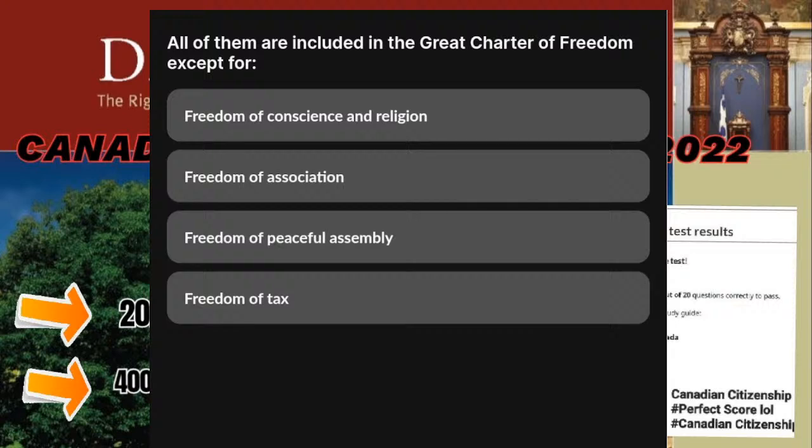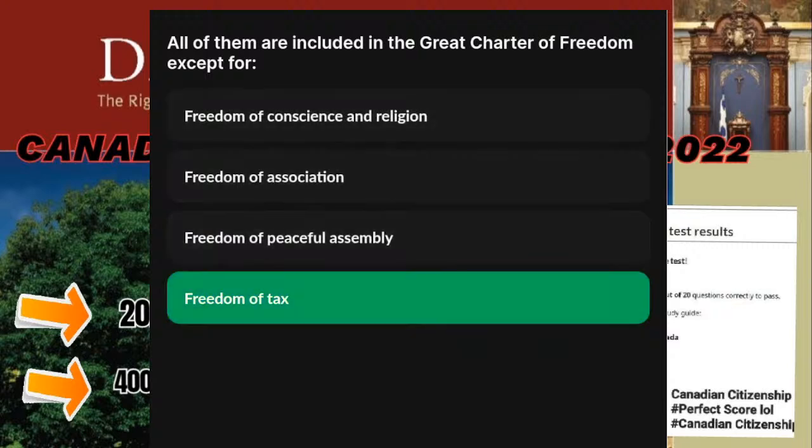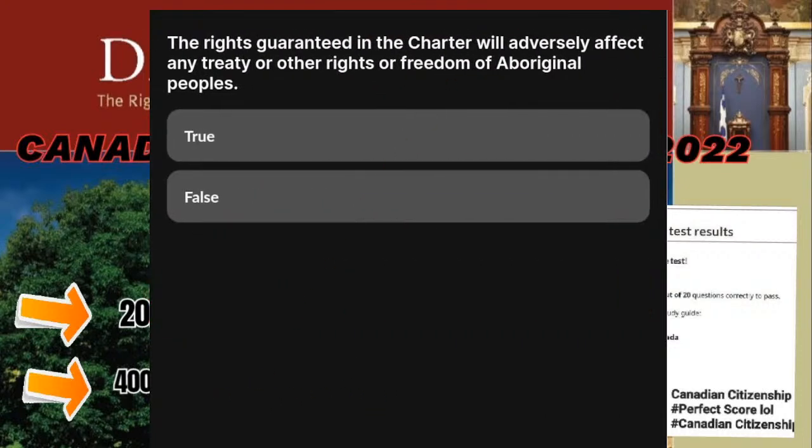And the answer is freedom of tax. Next question. The rights guaranteed in the Charter will adversely affect any treaty or other rights or freedoms of Aboriginal people. Is it true or is it false? And the answer is it's false.